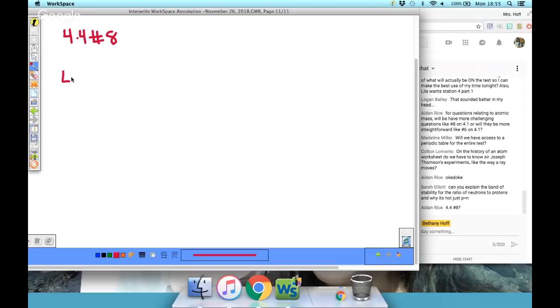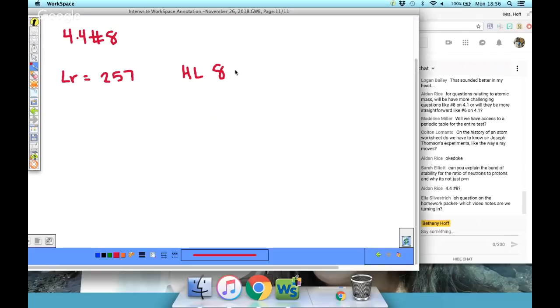We are told that we have Lr-257, and it has a half-life of 8 seconds. How long will it take for 75% of the sample to decay?